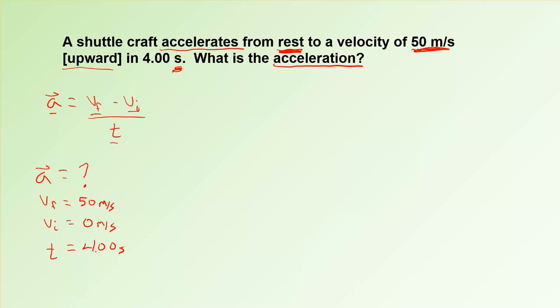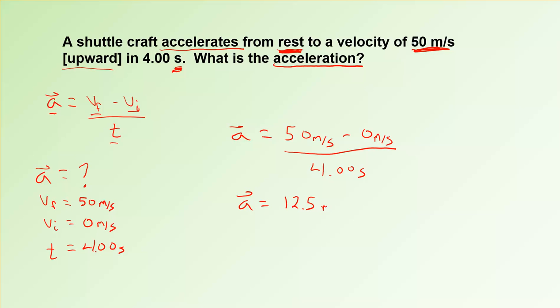Now that we're there, we can just punch things in. So acceleration is equal to 50 meters per second, because that's my VF, minus 0 meters per second, over my time of 4.00 seconds.